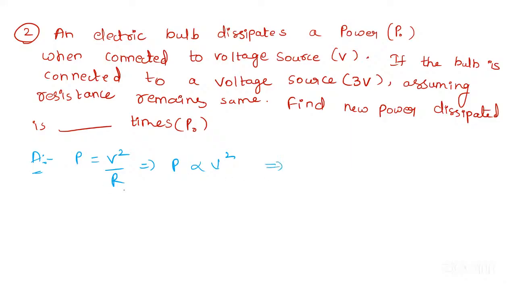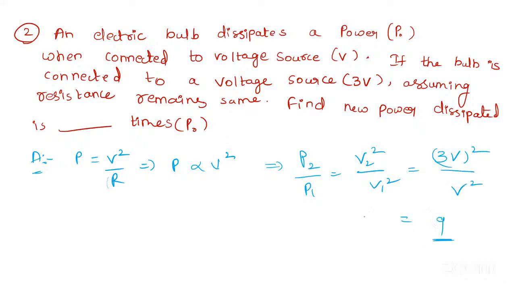Yes, since R is constant. So P2 by P1 is equal to V2 square by V1 square. So here 3V whole square, which will result in 9. P1 is P naught, so P2 will be 9 times P naught.